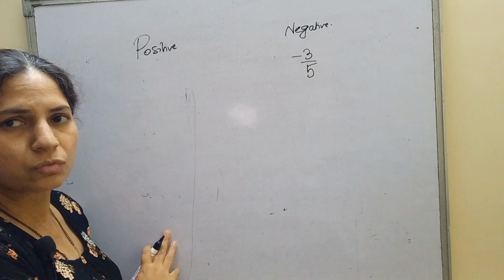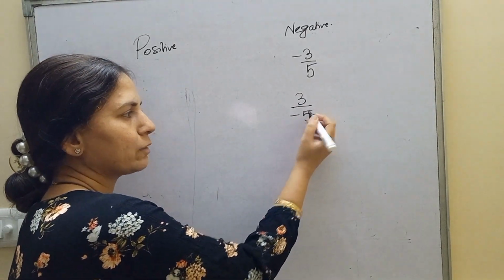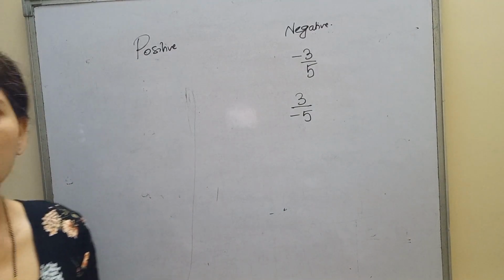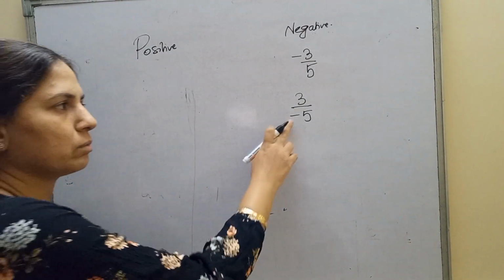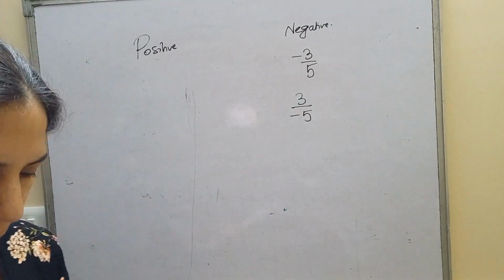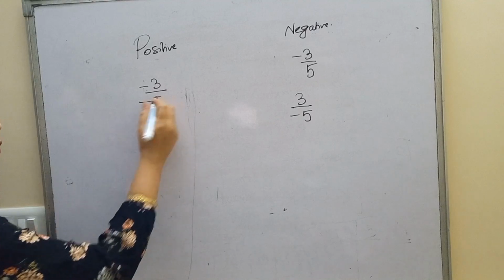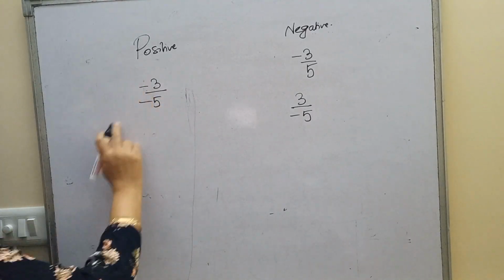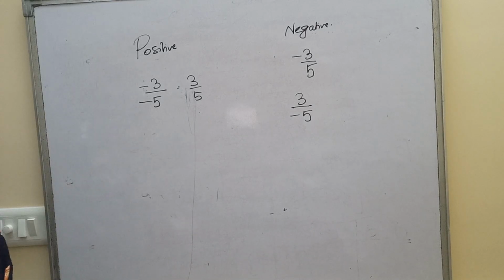Although the numerator is positive, the denominator is negative, so this will go in negative. There is no sign as minus in the denominator, always remember, it always belongs to the numerator. Minus 3 upon minus 5. Although both are minus, they will get cut and the answer will become 3 upon 5. Minus divided by minus is plus.